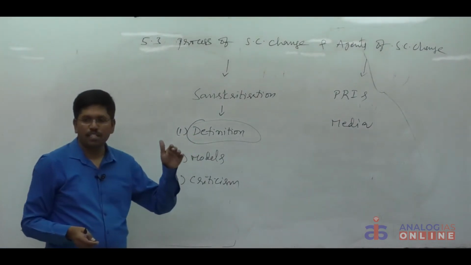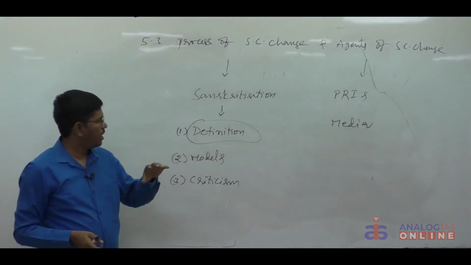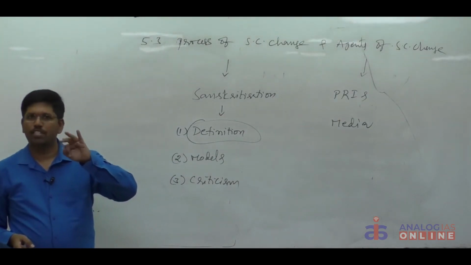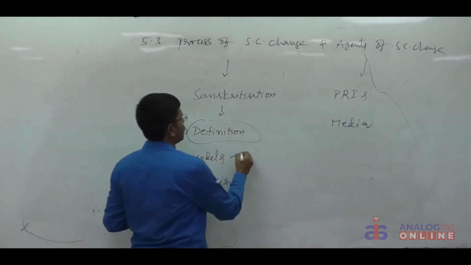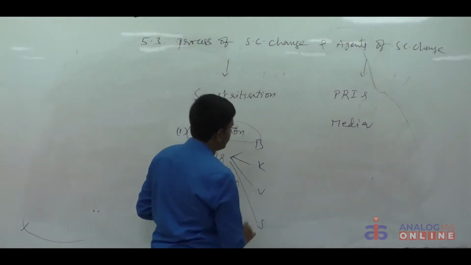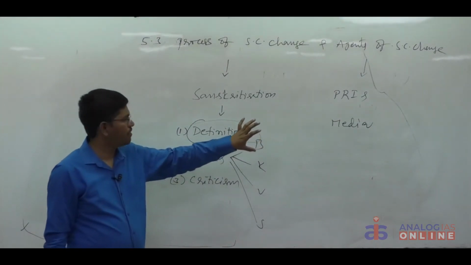Here in sanskritization there will be imitation of the lifestyle of the upper caste by the lower caste. Here 4 major castes are being imitated: Brahmins, Kshatriyas, Vaishyas and Shudras. That's why 4 models. In Brahminic model of sanskritization, Brahmin way of life will be adopted.